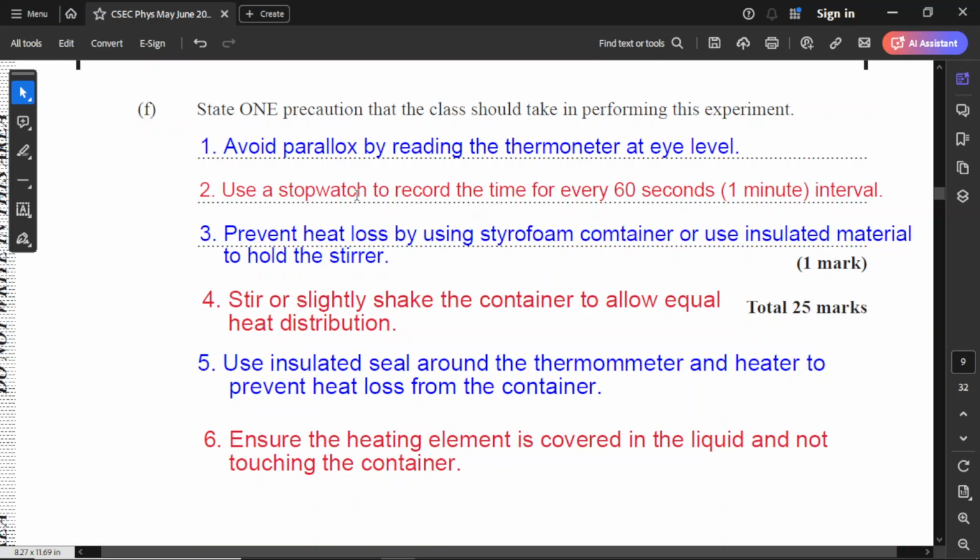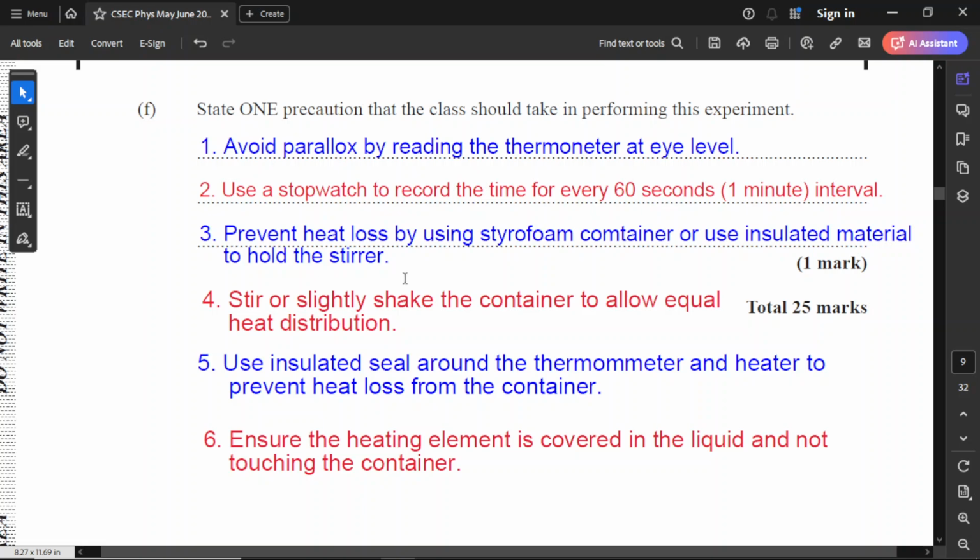Again, you can use a stopwatch to record the time every 60 seconds, which is a minute. You can prevent heat loss by using a styrofoam container or insulated material to hold the stirrer. So even though the apparatus was polystyrene, to hold the stirring rod, you can also use something that is very insulated, so no heat is transferred.